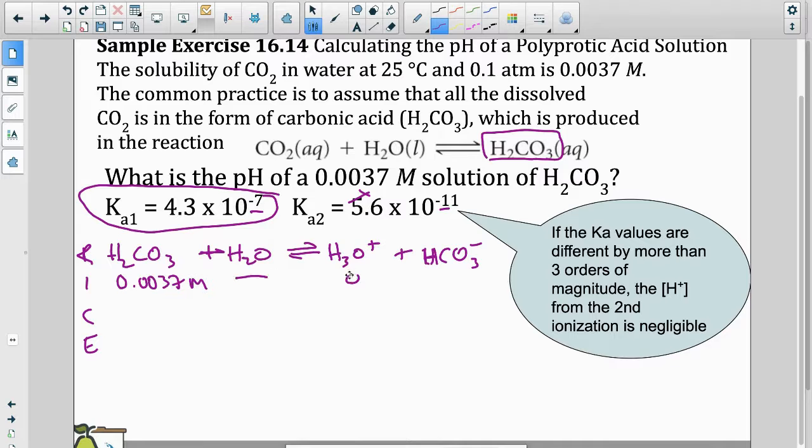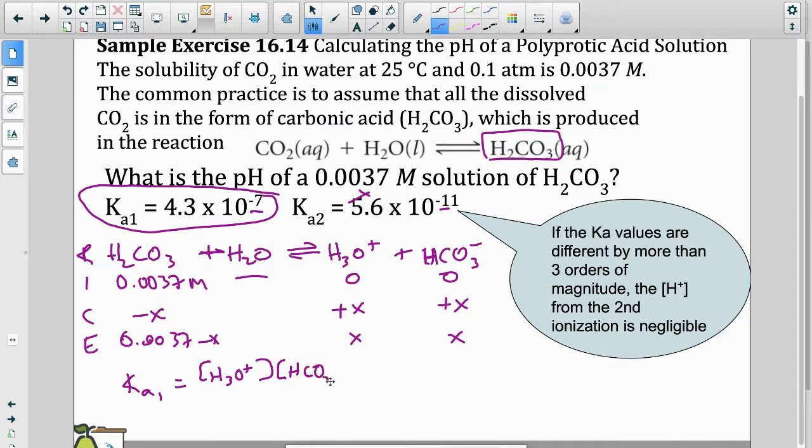So then our usual RICE table technique. Minus x, x, x, and then we can put this into our Ka expression. Ka1 is going to be H3O plus times HCO3 minus over H2CO3.